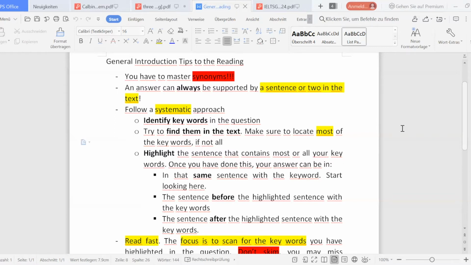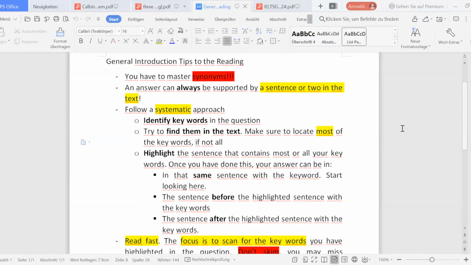And this level is interpretation. So you would not see any direct versions of the word, and you will not see synonyms or related words. You will need to interpret a portion of the text in line with the question. That is the most difficult, because if you cannot identify the keyword that you highlighted in the question, then you have a problem figuring out where to even begin to interpret the text from.